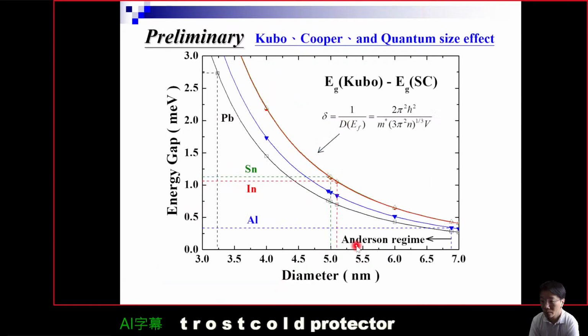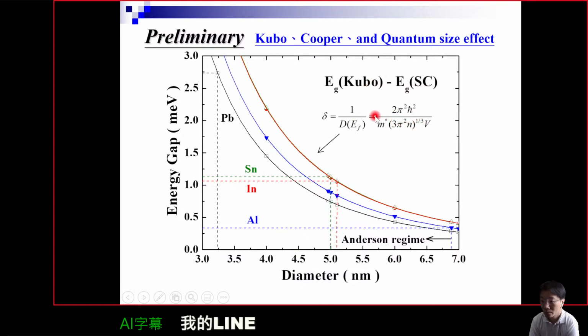So we can calculate by theory the critical size at which those metals' layer Tc will become 0. This is the Cooper equation for the Cooper gap. You don't need to remember that.